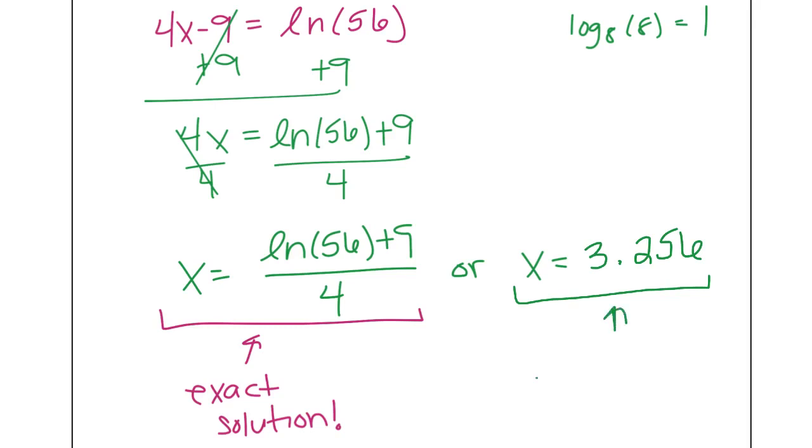This is the approximate answer. These are the same thing. So if you have natural logs in your answer choices, or logs in general, you have an exact solution. If you have decimals, you have an approximated solution. Either of these are both correct answers.